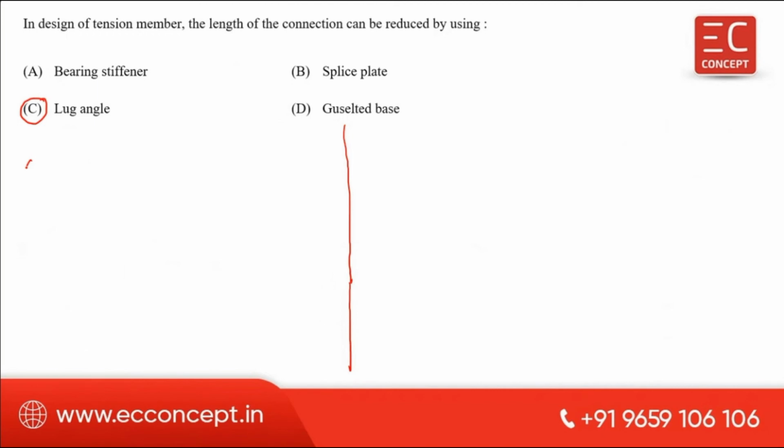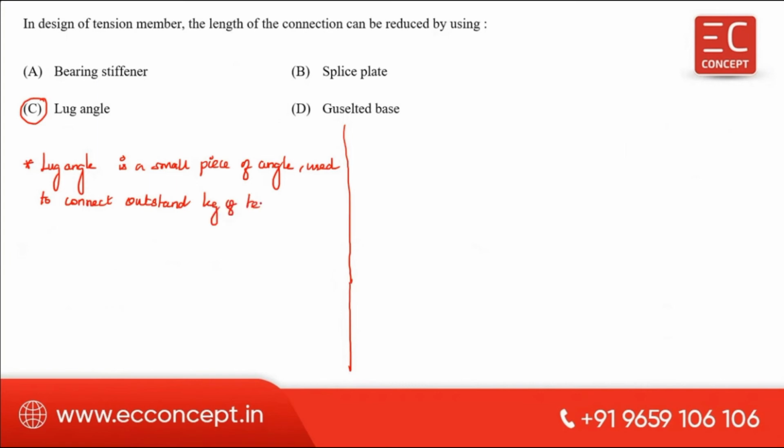Let me give some points regarding the lug angle. Lug angle is a small piece of angle used to connect the outstand leg of the tension member to the gusset plate.